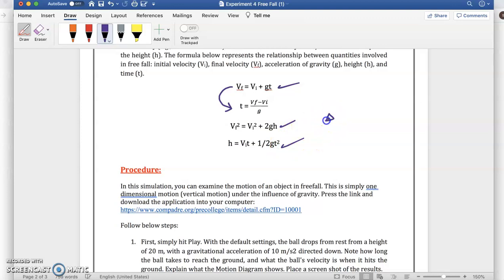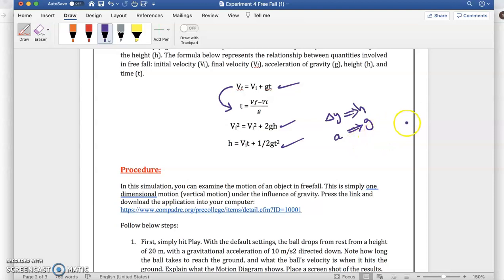And delta y is referred to as h, and of course a is referred to as g. The nice thing in the free fall problems is that we don't have different a. It's always g. While in one dimension we used to have different acceleration, sometimes constant speed, so acceleration is 0.